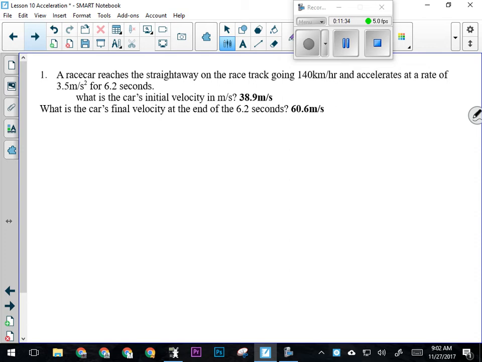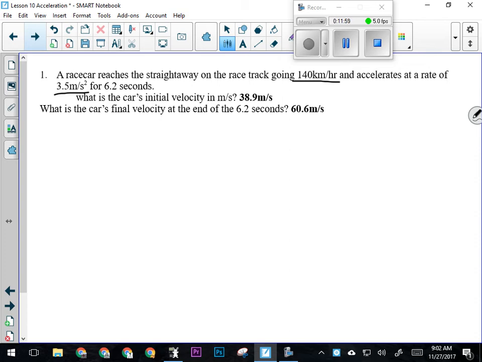Okay, so I have a race car that reaches a straightaway on the racetrack going 140 kilometers per hour and then accelerates at 3.5 meters per second squared for 6.2 seconds. What's the problem here? Right, one's in kilometers per hour, and then I've got an acceleration in meters per second squared and a time in seconds. I'm going to have to do some converting here.